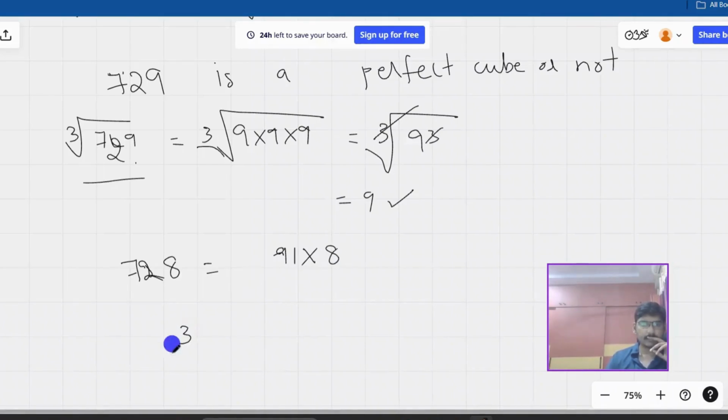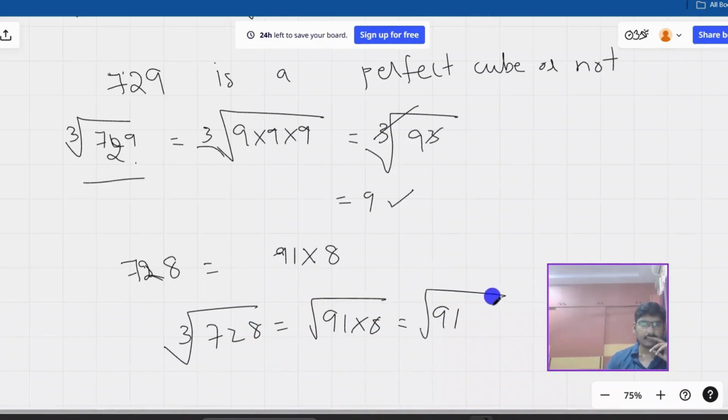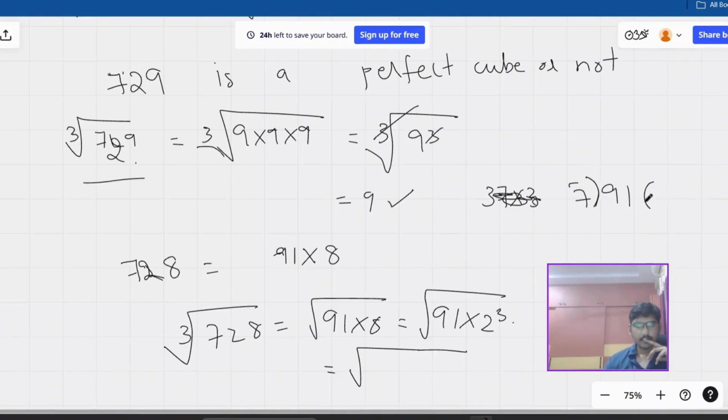Cube root of 728 becomes cube root of 91 into 8, where 91 itself can't be a perfect cube. 91 when divisible by 7 becomes 7 into 13, right?